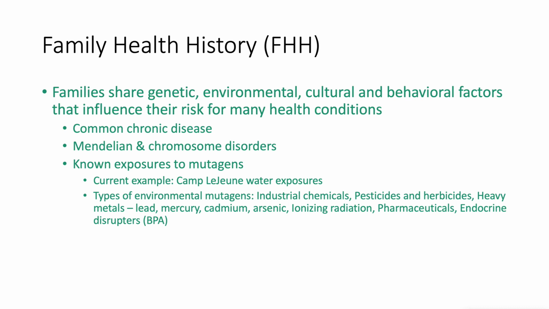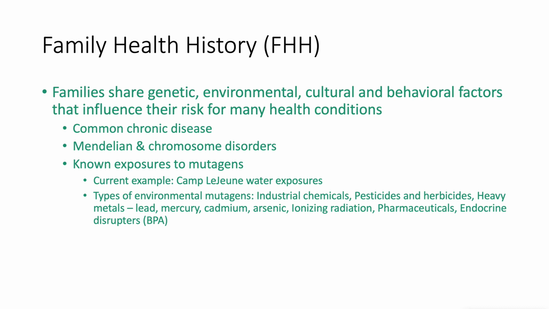Think of one current example. If you have anything on the television or the radio, listening to the media of any kind, you're going to hear lawyers basically encouraging people to call them to see if they qualify for benefits under Camp Lejeune water exposures. Well, Camp Lejeune was in North Carolina.